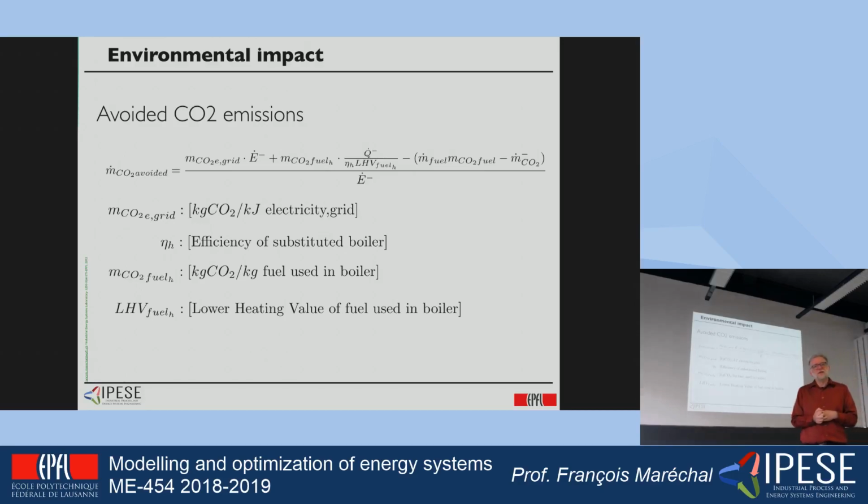And then you can say that if you are producing electricity, the electricity production company does not have to produce this electricity. And therefore, I'm avoiding this company producing this amount of electricity and emitting the corresponding carbon dioxide emissions.